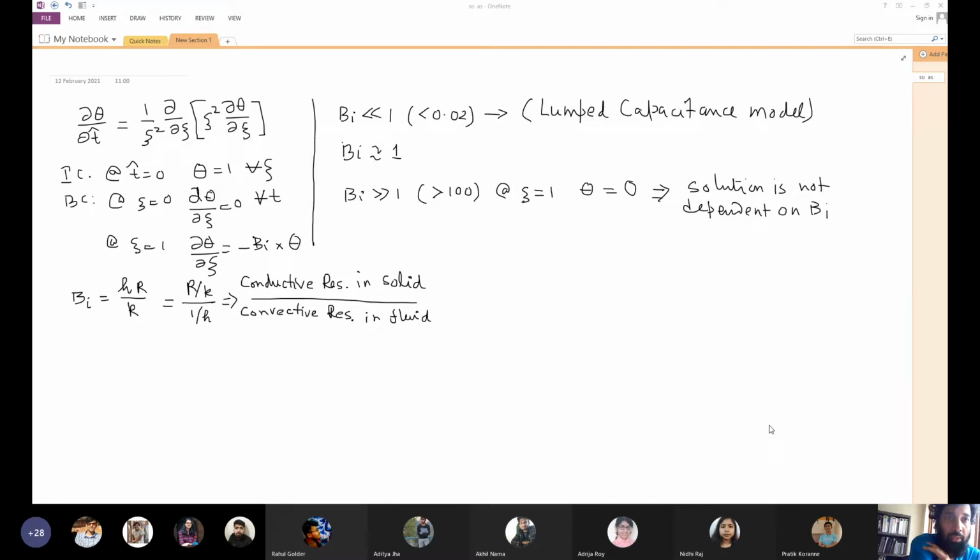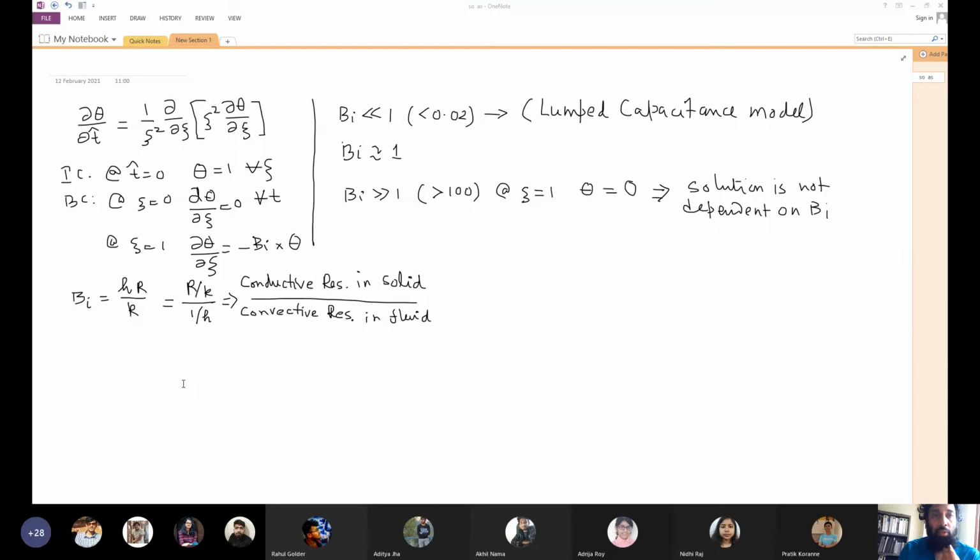Yeah, so we previously had one more condition. So now we just replace this condition with the new one: zeta equals 1, theta equals 0.